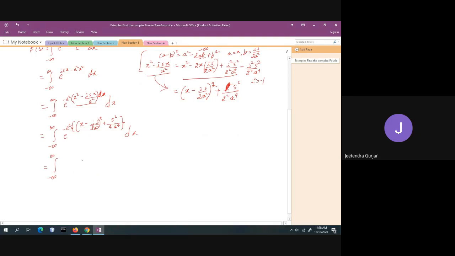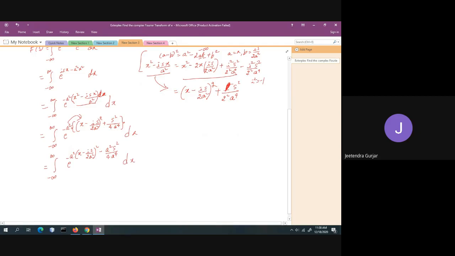So this will be equal to, now you can see it is e raised to minus a square. I will take minus a square in this bracket. So this will be x minus i s upon 2a square, squared. This is again minus a square s square upon 4 a raised to 4. This is dx.